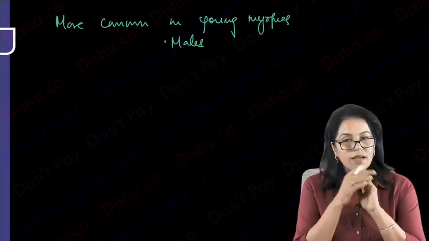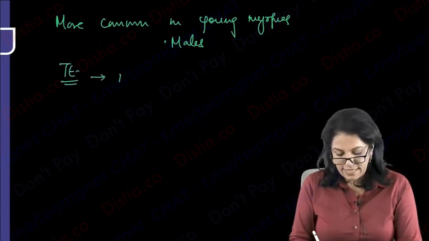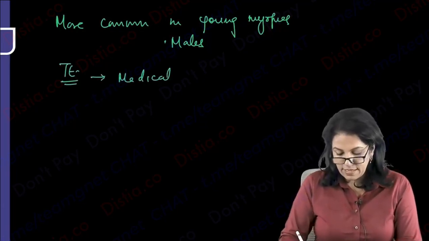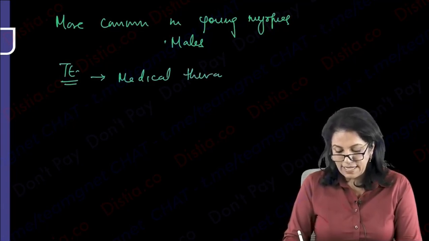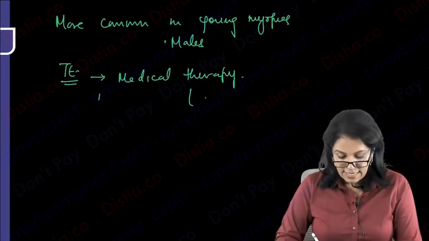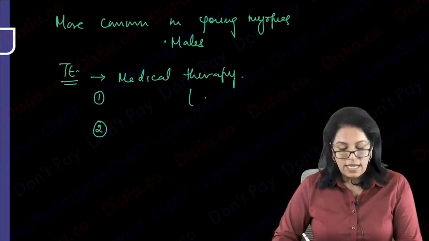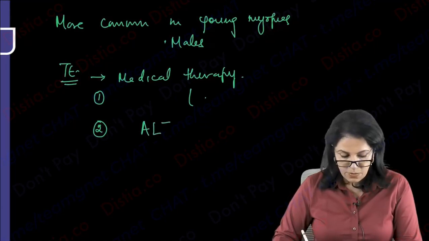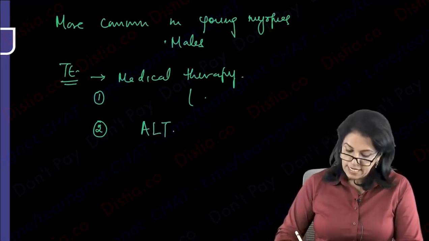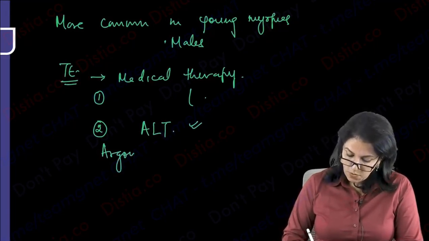Done? So apart from the medical, the treatment would be anti-glaucoma drugs. All the medical therapy you can give with anti-glaucoma drugs. We will be talking about this very soon. And second, what you can go for is argon laser trabeculoplasty. So what are you doing here?